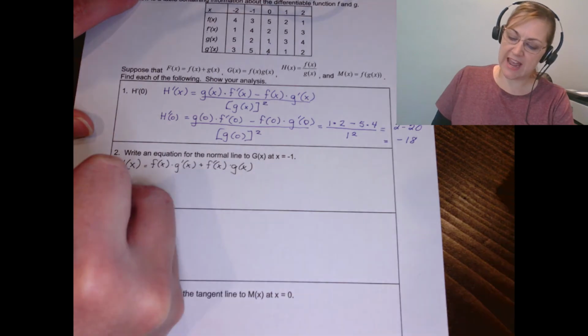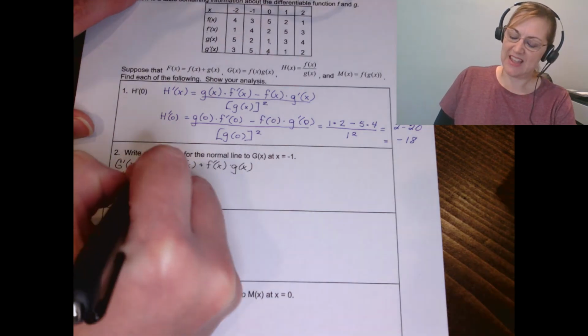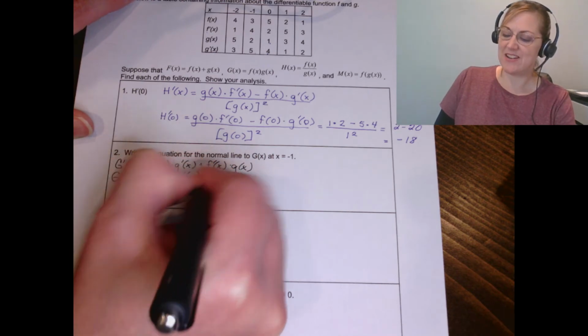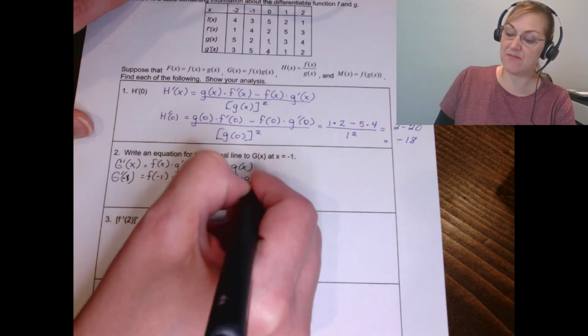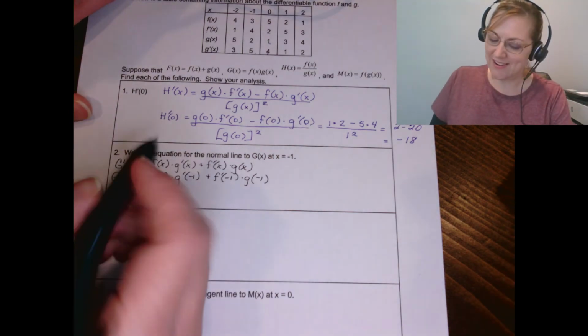And I want this at -1. Ooh, -1. There we go. So I've got f of -1 times g prime of -1 plus f prime of -1 times g of -1. Sorry, I got a little happy with the primes there.